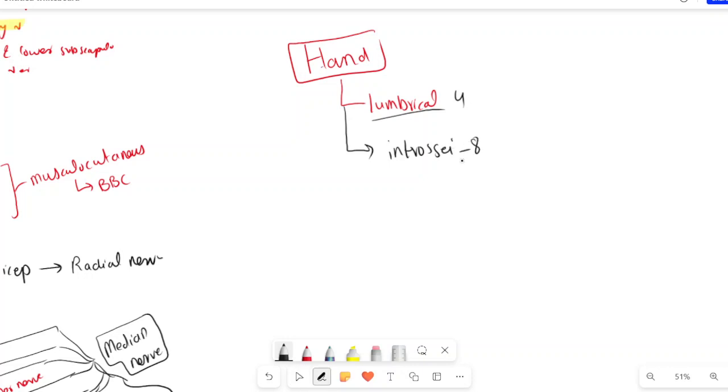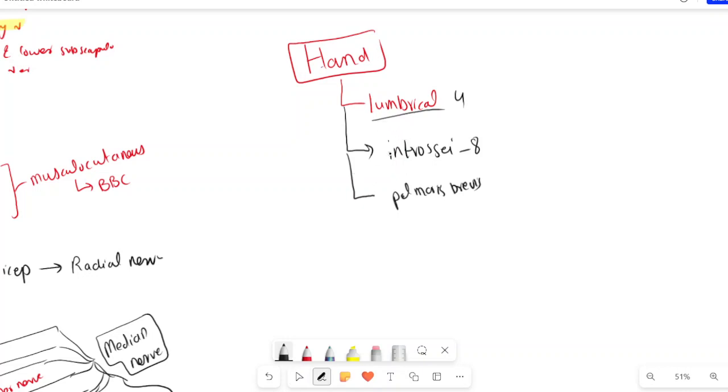One is the palmar interossei and the other is the dorsal interossei. And then there is the palmaris brevis.